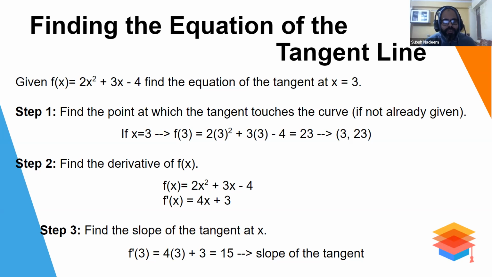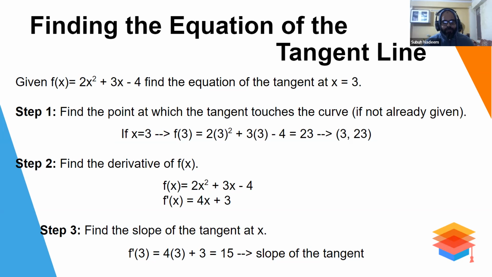What are the steps? First of all, find the point at which the tangent touches the curve. So we take x is equal to 3, which is given in the question, and put it in the equation. We get f of 3. By putting x as 3, you calculate it, you get f of 3 as 23. So the point is (3, 23). X is 3 and y is 23 at that point.